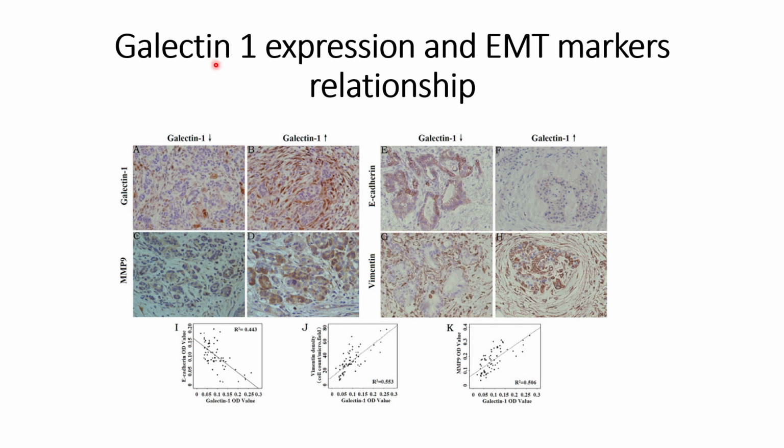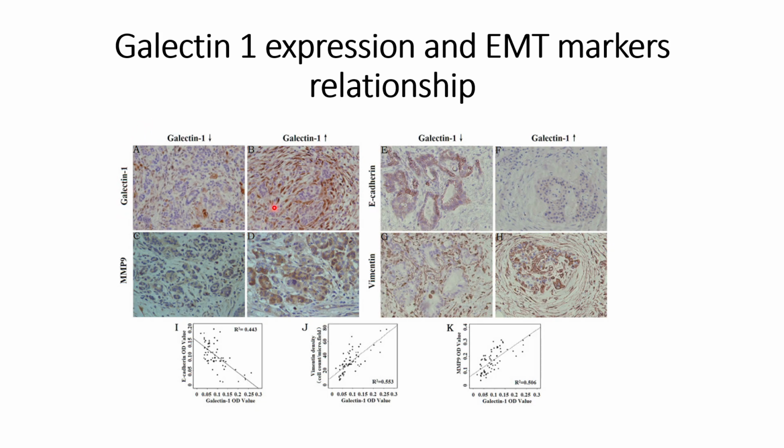In order to understand that mechanism, they first checked the relationship between Galectin-1 expression and the EMT markers and MMP9. They did this study via immunostaining experiments. They took the samples, stained them for galectin, and checked the MMP9 expression.